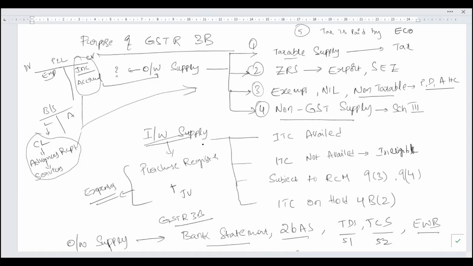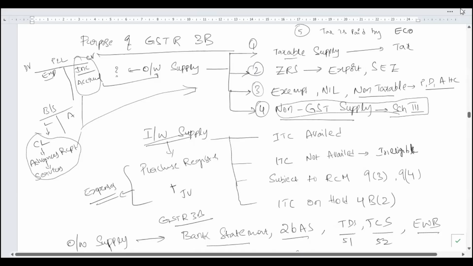So there are certain elements of transactions which fall under the jurisdiction of the state government only. For example, liquor, state excise. No way can the central government levy tax on that. So that's how the government has designed this Schedule 3, saying that these are the transactions where no GST can be levied. I'll show you those transactions.